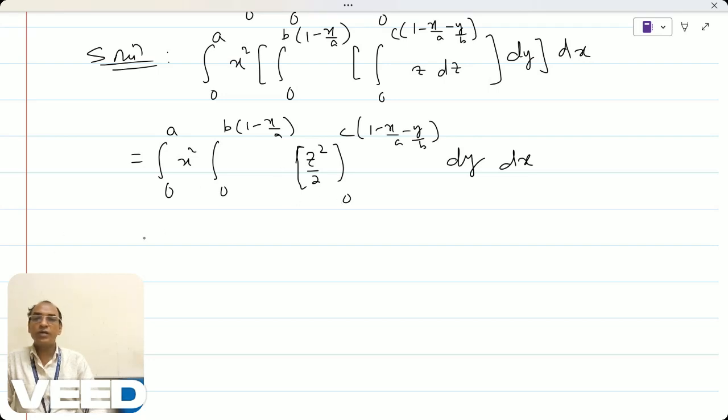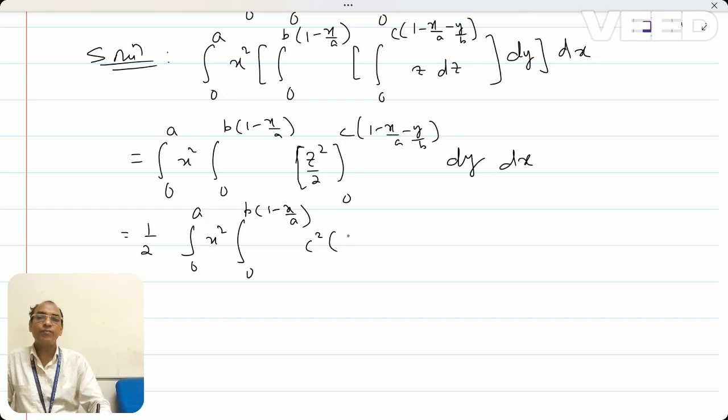So now 1 by 2 is constant, I can take it outside. Integration 0 to a x square, integration 0 to b into 1 minus x by a. Now wherever z is there, I will put the upper limit as well as the lower limit. So c square times 1 minus x by a minus y by b whole square, and z equal to 0 means 0, so no lower limit will be there, dy dx.